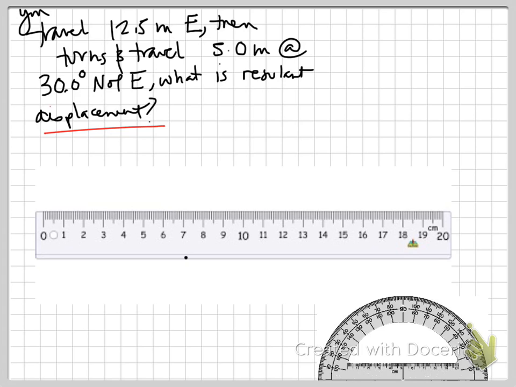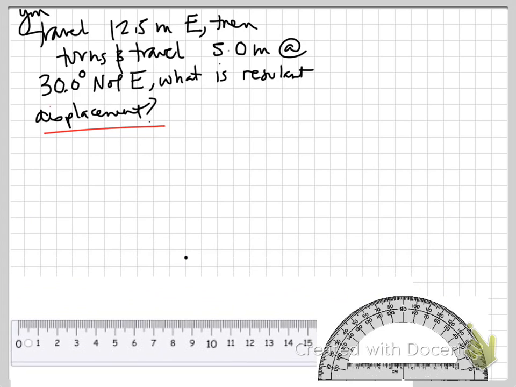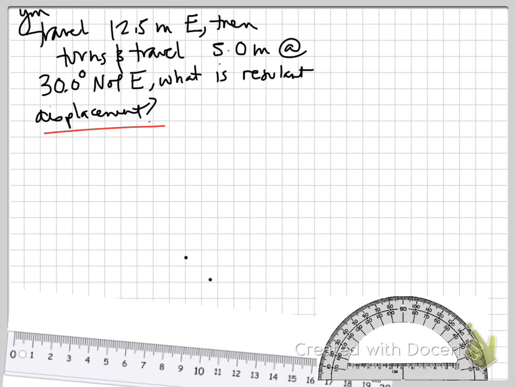Okay, so I'm just going to use the graph paper because using the ruler is going to be more challenging than it's worth, frankly. So I'm going to set that aside. I have 12.5 meters of travel. If 1 block equals 0.5 meters, then I need a line that is 25 blocks long.